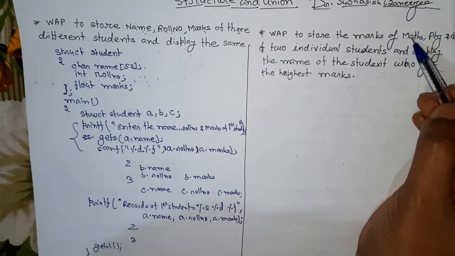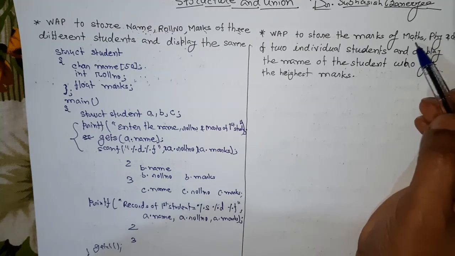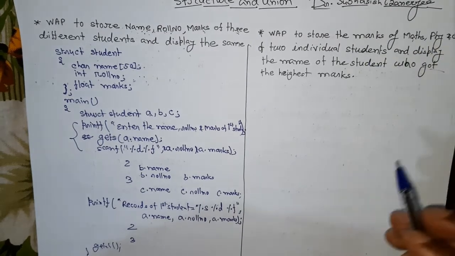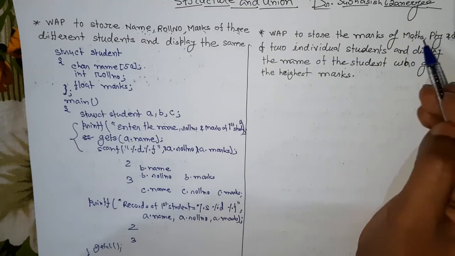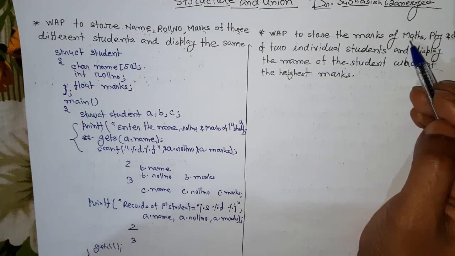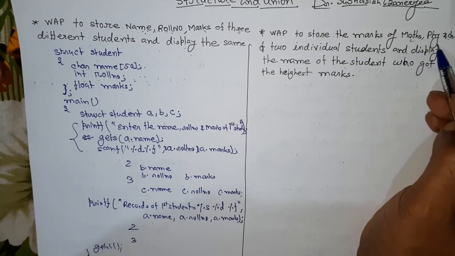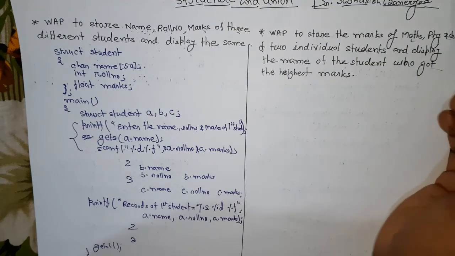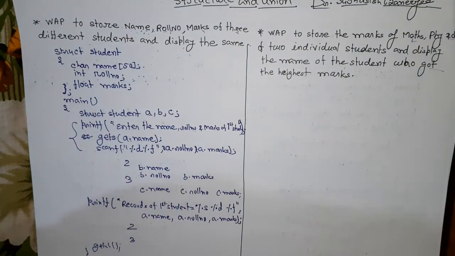But here you have to store the three marks of math, physics, chemistry of two individual students, and all the marks are of the similar type, because if math is an integer, physics should also be an integer, and chemistry should also be an integer. So in that case, structure can also be used. Structures are not only used for storing heterogeneous data, they are also used to store homogeneous types of data.